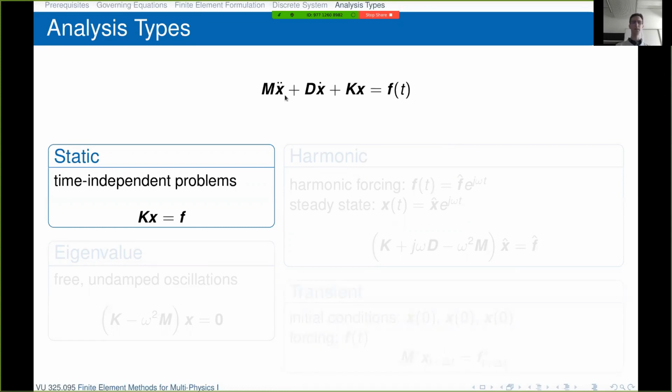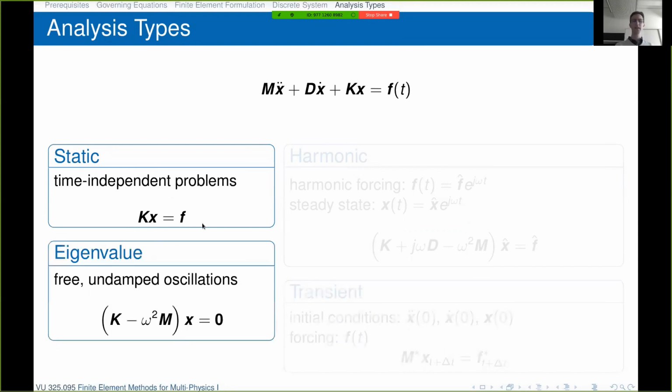The x dot dot and x dot are assumed 0, and we can simply solve the linear system kx equal f. The second analysis type is the eigenvalue analysis, where we assume free undamped oscillation.